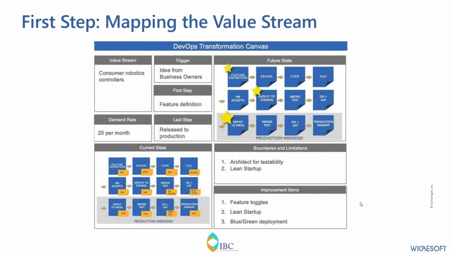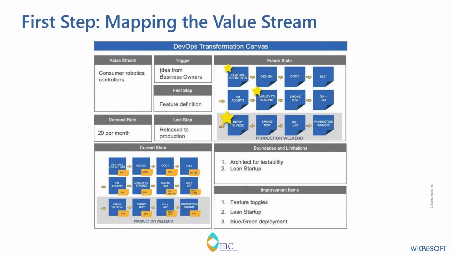So another first step is to define your DevSecOps transformation roadmap, and that begins by defining the DevOps transformation canvas, as you see here, and it's based on a development value stream, which are all the activities that we do that comprise the ARTs, and Weissman will get into that in a second, and how we actually define the development value stream.